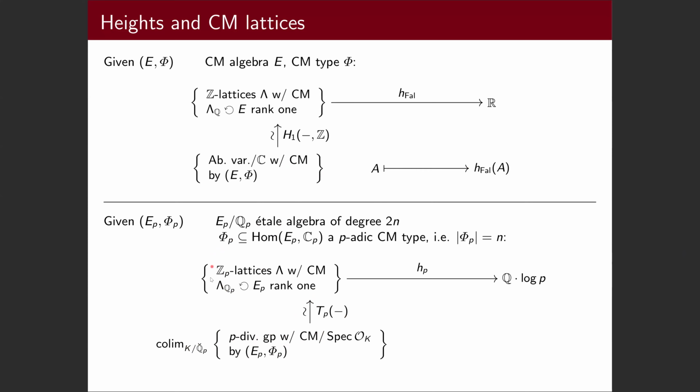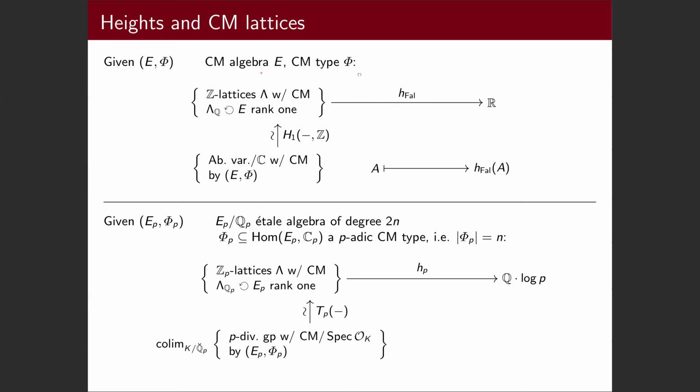Okay, so now to define this function, yes? I have a question about the CM type. Your abelian varieties have the CM type, and the lattice you don't. Don't you need to fix the type of the lattice too? Yes, that's right. Maybe it's not so standard, but this function that I defined here depends on the CM type.